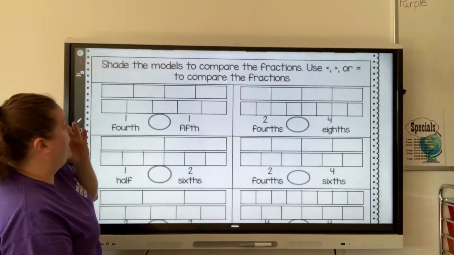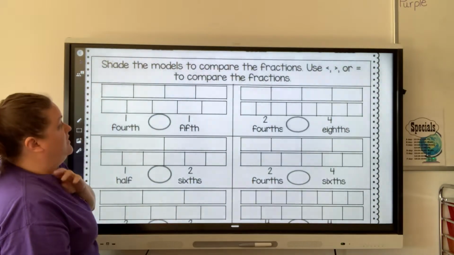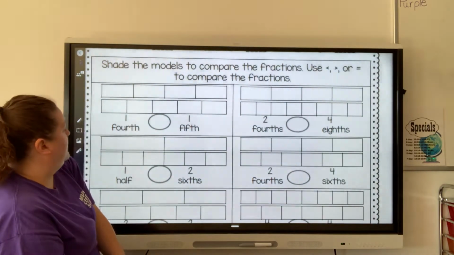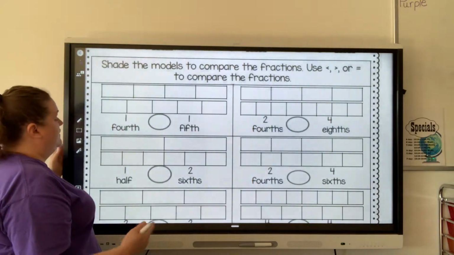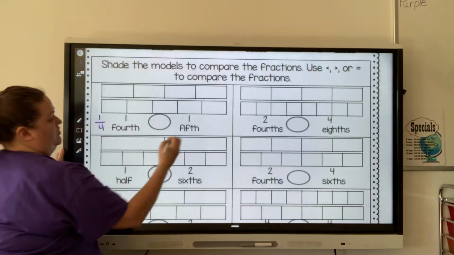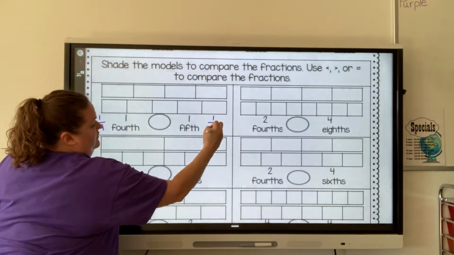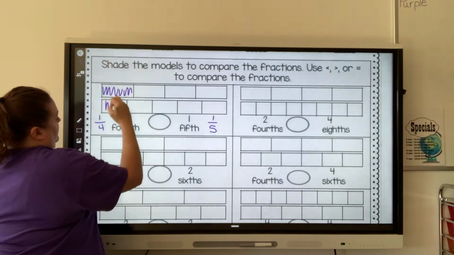So shade the models to compare the fractions. Use greater than, less than, or equals to compare the fractions. So in this case, we're going to decide what's greater than and what's less than. For the first one, we're doing 1/4. I'm going to write it right here so I know what I'm dealing with, compared to 1/5. I'm going to shade in 1/4 up here. I'm going to shade in 1/5 down here.